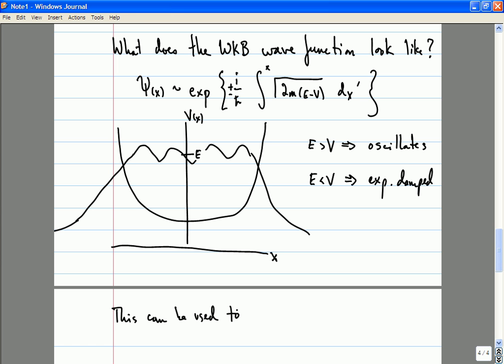And in fact, this picture can be used to understand a ton of physics. And so today, what I would like to do is use this to understand two things in particular. So first of all, I would like to understand the approximate quantization rule for energy eigenstates.